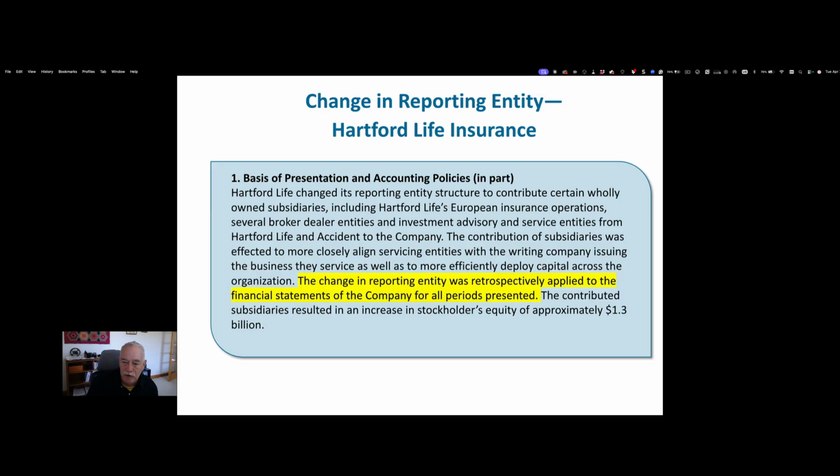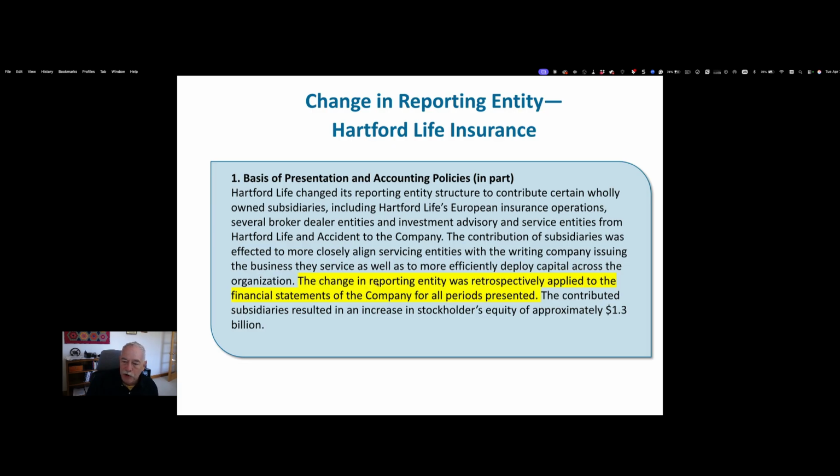Okay, here's an example of a change in reporting entity. In this particular case, it says Hartford Life changed its reporting entity structure to contribute certain wholly owned subsidiaries, including the European insurance operations, to the company. The contribution of subsidiaries was affected to more closely align servicing entities with the writing company issuing the business.